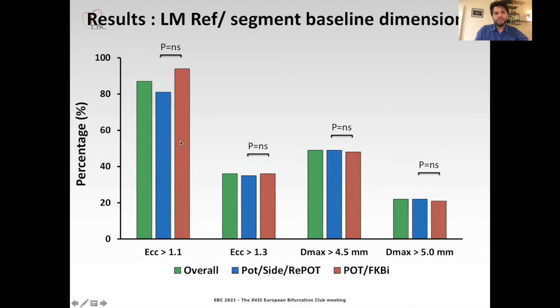There was no difference between the two groups. Moreover, a maximal diameter of the proximal segments over 4.5 was present in 50% of our patients, and more than 20% of our patients had a really large left main with a maximal diameter over 5 millimeters.